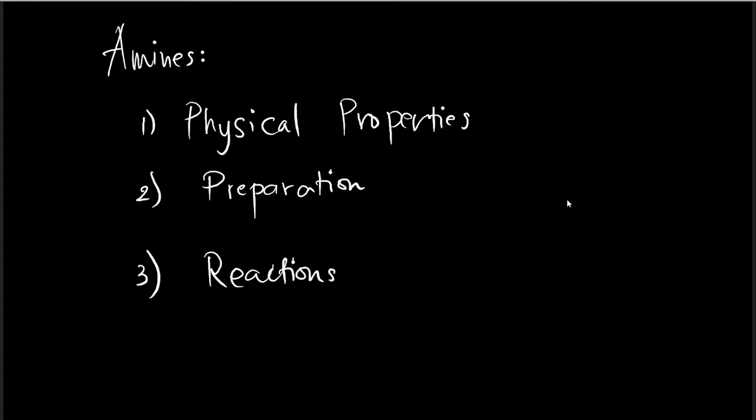And in that, we will be having these three parts of the discussion wherein we will be talking about their physical properties, preparation, and reactions. And in that, ito na yung magiging last part ng second lecture natin.